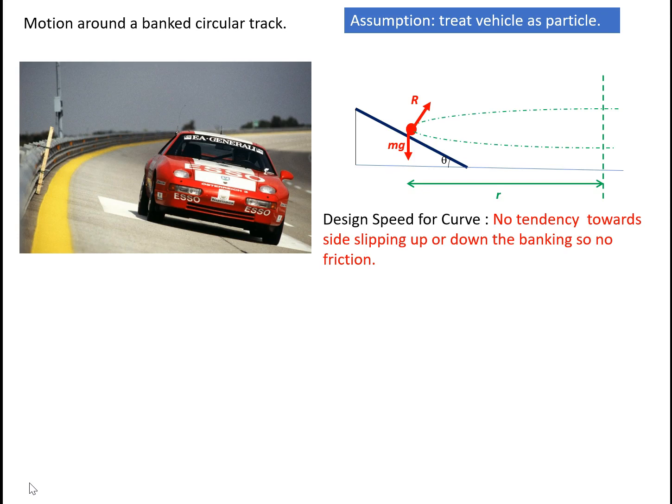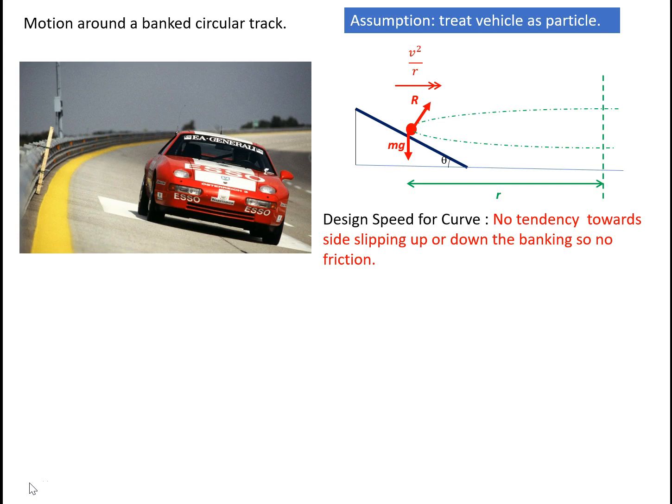Because the car's going round in a circle of radius r, there must be an acceleration towards the centre, and that acceleration towards the centre is v squared over r. And we're assuming that v is constant, so it's a steady speed that the car is going round the bend.